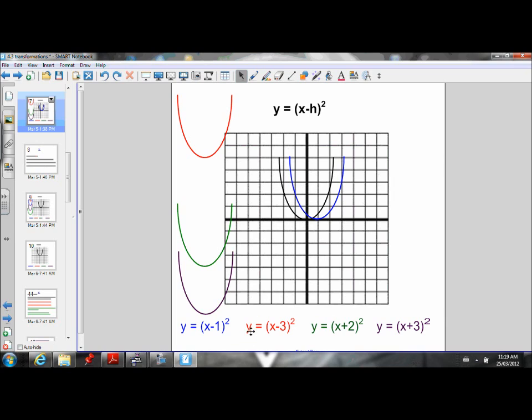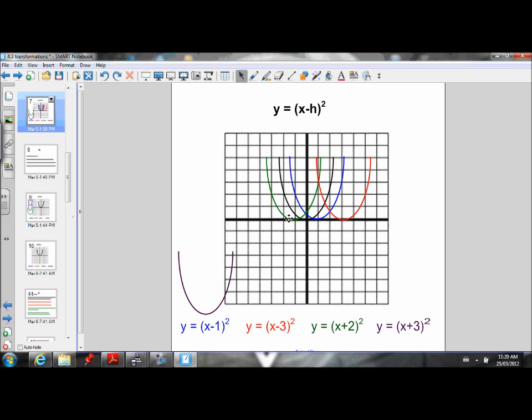So let's then look at the graph of y equals (x minus 3) squared. If we put that in our calculator, you would see that it moves 1 unit, 2 units, 3 units to the right. So there's the graph of y equals (x minus 3) squared. Also, if we then put y equals (x plus 2) squared into our graphing calculator and graphed it, we would find that it moves 2 units to the left.